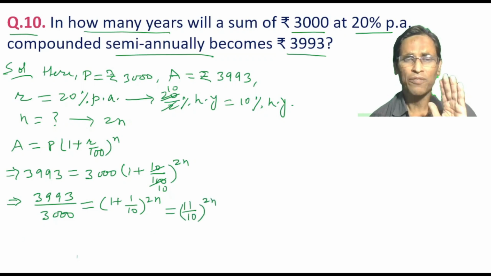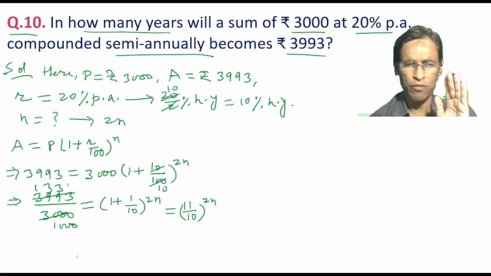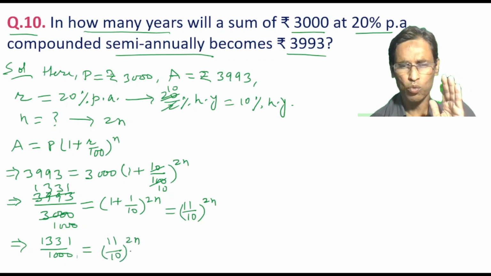By observation we can say 3000 can be divided by 3 to get 1000 and 3993 can be divided by 3 to get 1331. So in the next step we get 1331 by 1000, and in RHS we get 11 by 10 to the power 2n.